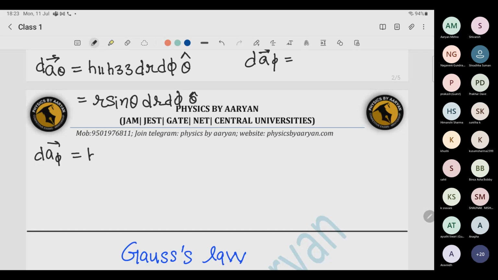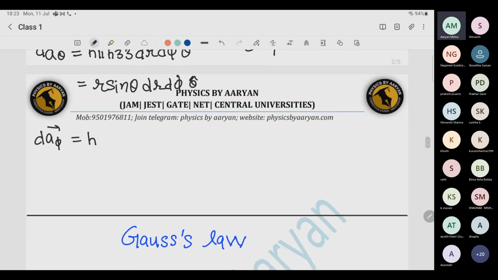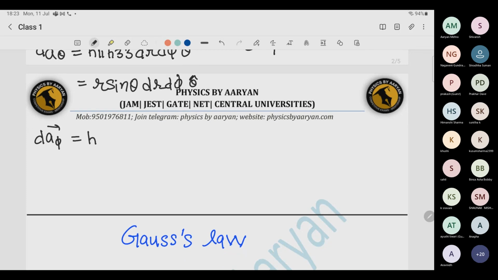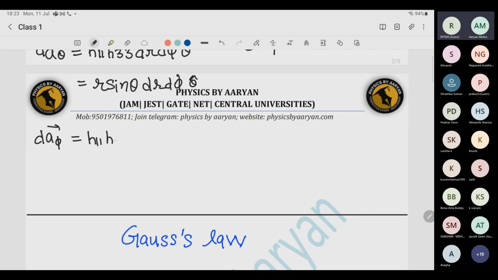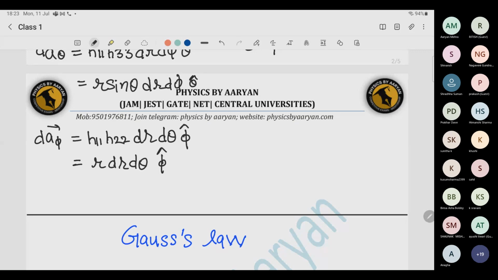Which h do I need to multiply? h11, h22, and dr d theta, and what will be fixed? Phi cap. So this will become r dr d theta phi cap.